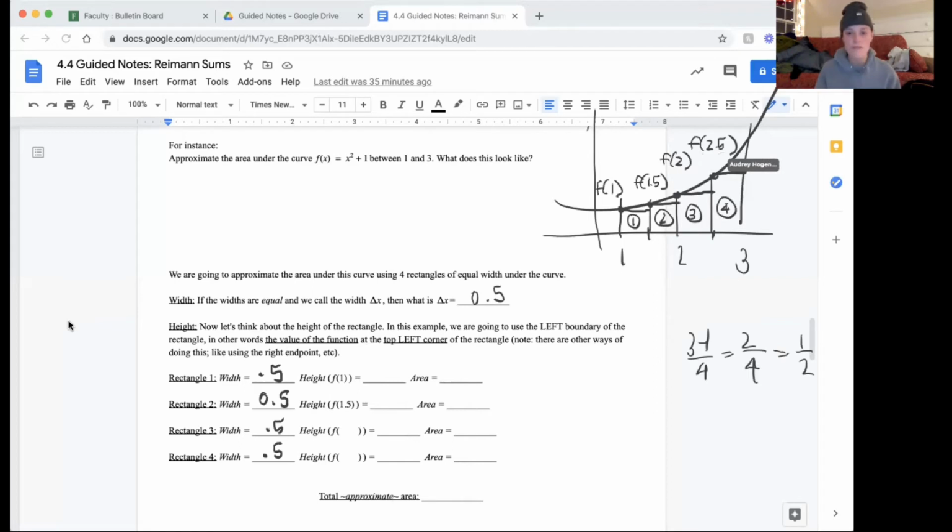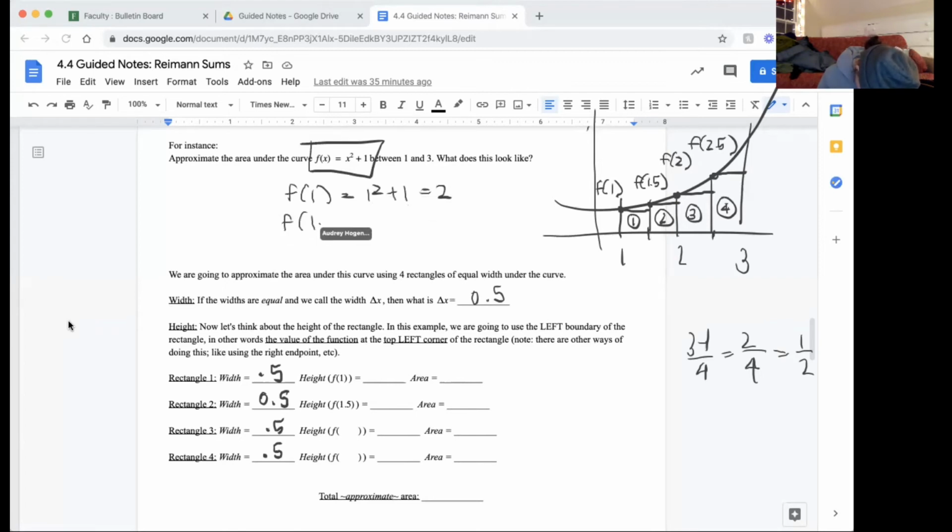And now to evaluate f of 1, 1.5, 2, 2.5, we just plug in 1, 1.5, 2, 2.5 into f of x, right? So f of 1 equals 1 squared plus 1, which is equal to 2. F of 1.5 equals 1.5 squared plus 1, which is equal to something that I'm going to calculate right now, which is going to be 1.5 times 1.5, 2.25 plus 1 equals 3.25.